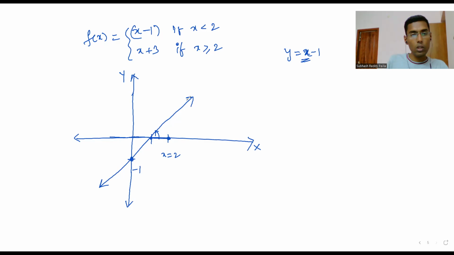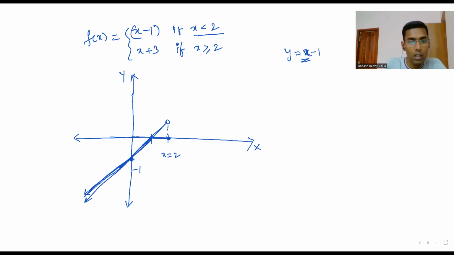So I've drawn this, but I can only draw up to a point. Why? Because there is a reason for that. When x is less than 2, at 2, it is not x minus 1. This graph is there only when x is less than 2.